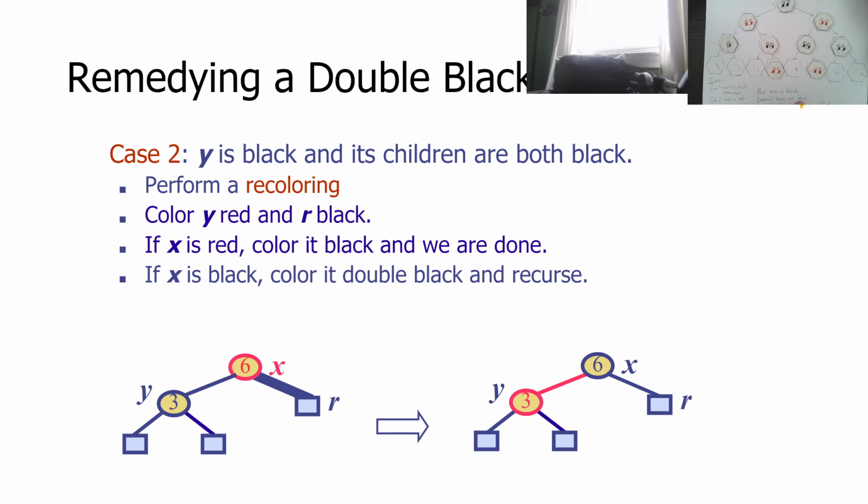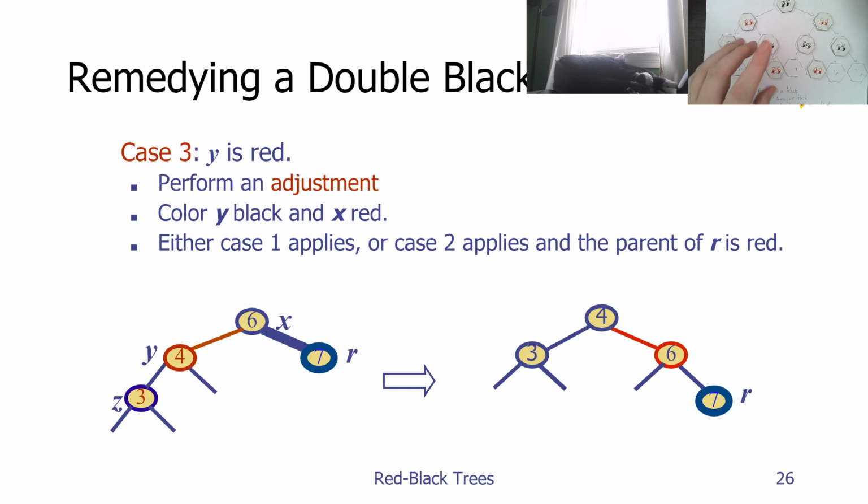It might lead to a case one or a case three, but case twos contribute no restructuring. And then case three, you do a restructuring, and then you might go to a case one. So our worst case scenario is we hit a case two, or we hit a case three, perform a restructuring, then a case one applies, and then we perform a second restructuring.